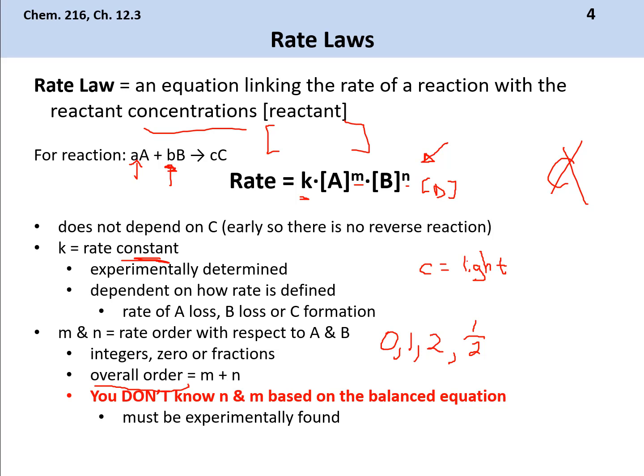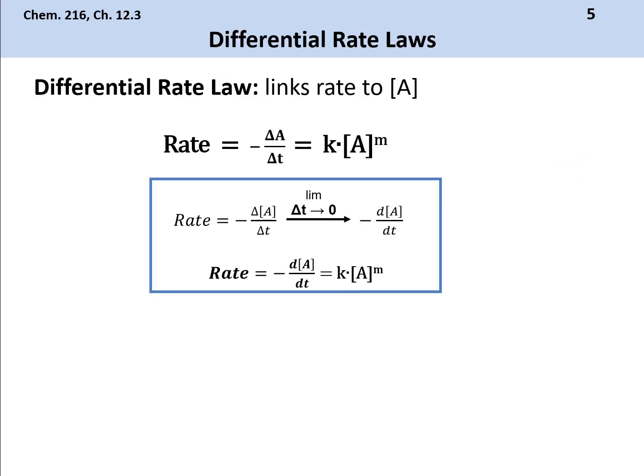All right, so this rate law is an example of something we call a differential rate law. Differential rate laws link rates to the concentration. So for instance, here's one: negative delta A over delta t equals k[A]^m. Last time we talked about what if we make those changes small enough that eventually they get really close to 0. This is what we call a differential.